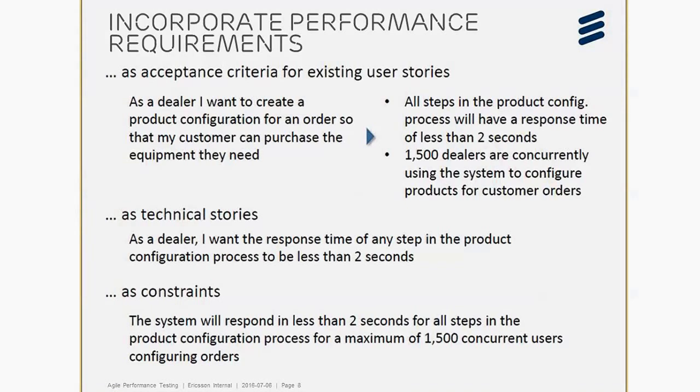That particular user story needs to be specifically broken down just to capture the performance requirements. So for example, all steps in the product configuration process will have a response time of less than 2 seconds. And what if 1500 dealers are concurrently using the system to configure the products for customer orders?